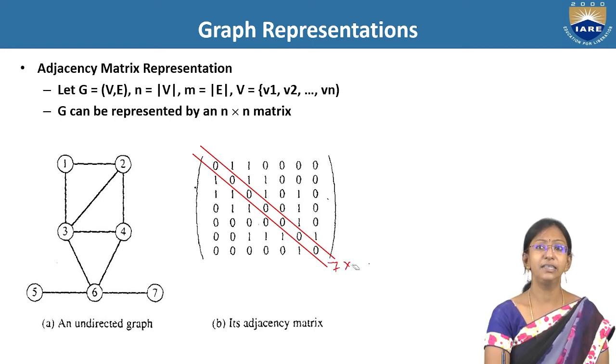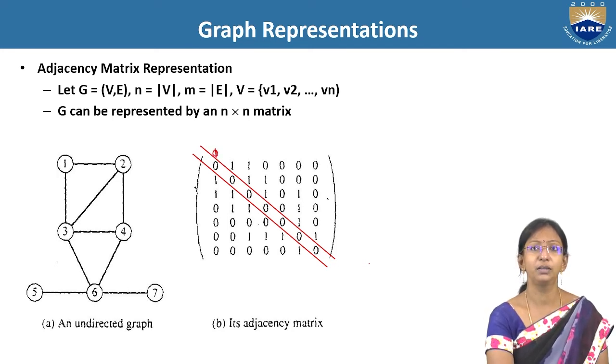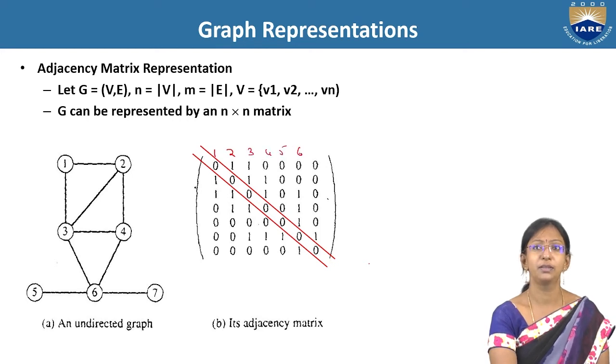If there is an edge between 2 nodes, then I'm going to represent it with a 1. Sorry, let me erase it. 1, 2, 3, 4, 5, 6, and 7. 1, 2, 3, 4, 5, 6, and 7.